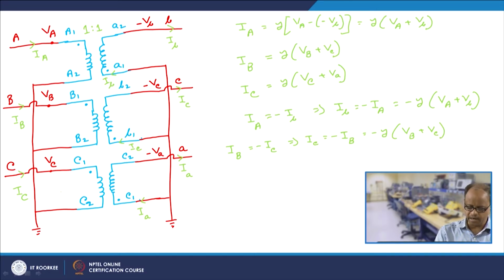And I capital C is equal to minus I a, or in other words I small a is equal to minus of Y into (V c plus V a), right.